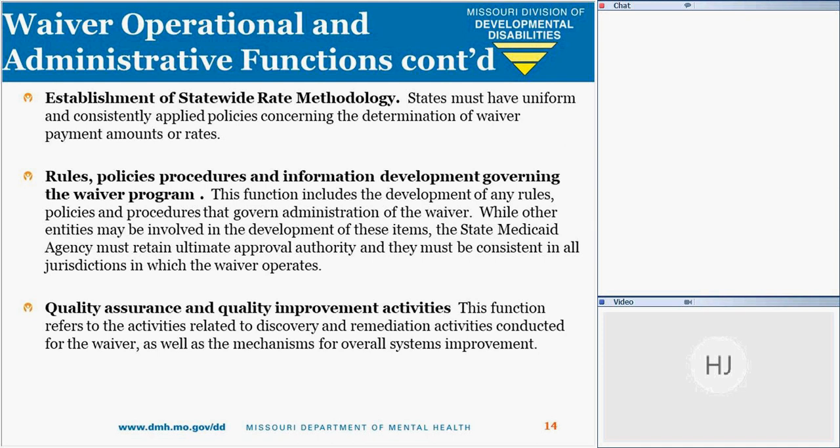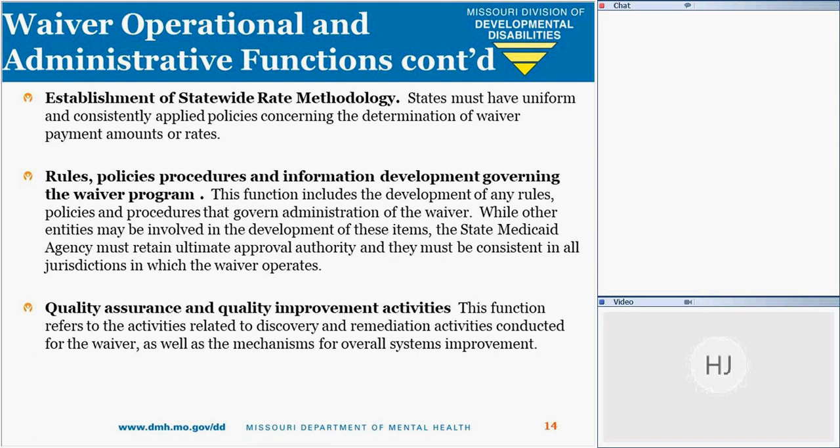We also have an establishment of a statewide rate methodology. This function is having uniform and consistent policies across the state for rate determination. We require rules, policies, procedures, and information developed governing the waiver program.